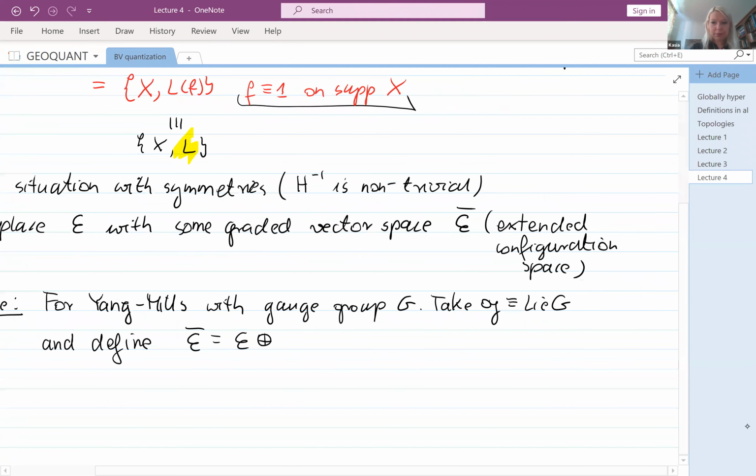So the original one plus, now in degree 1, I put a copy of this Lie algebra.